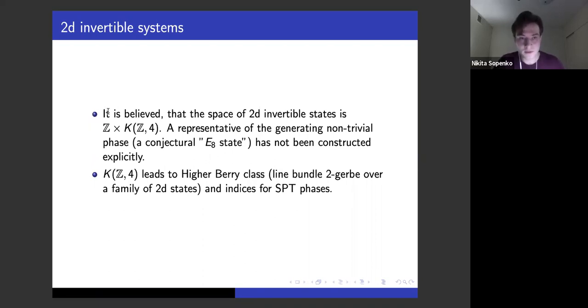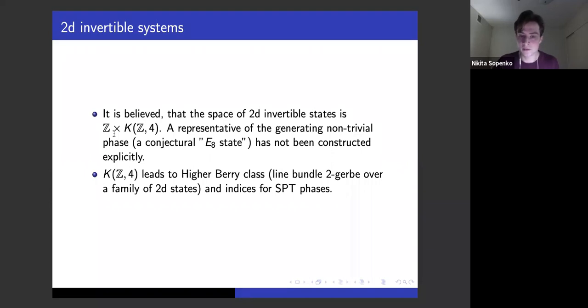The most interesting piece is this Z, because it is actually related to a physical effect called thermal Hall conductivity, similar to electric Hall conductivity. It corresponds to the following: we have a system with very small temperature, much lower than the gap of this system, and we consider the energy current on the edge of such a system.